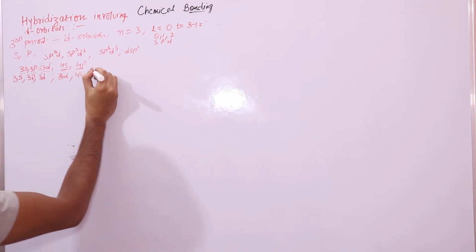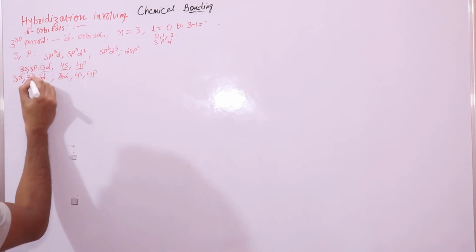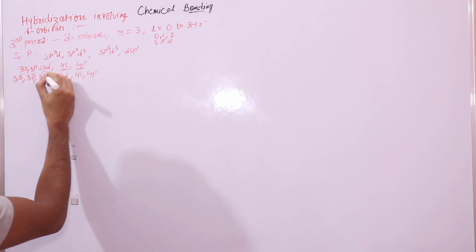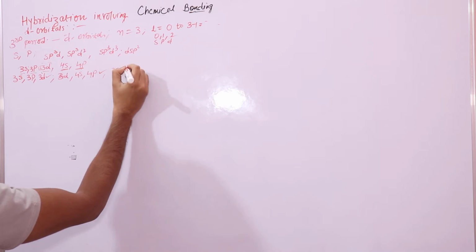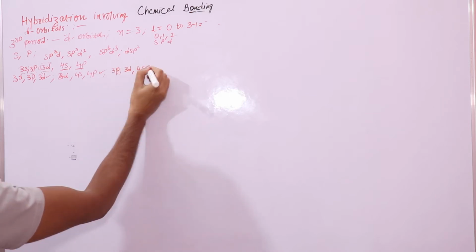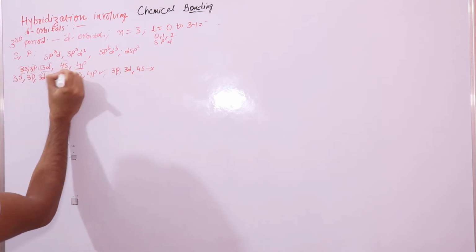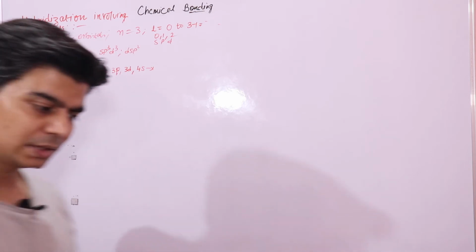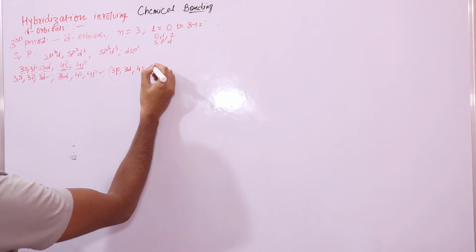These are the kinds of orbitals that would be involved in these hybridizations. But if I write 3p, 3d, then 4s, this is not possible, because the energy gap between 3p and 4s is significant. The energy gap is more between 3p and 4s, so this is not possible.